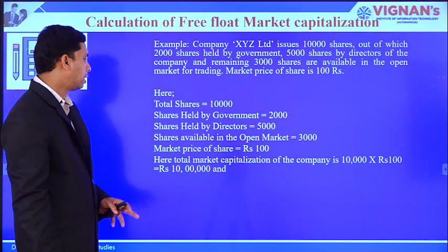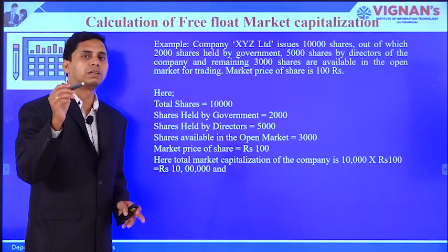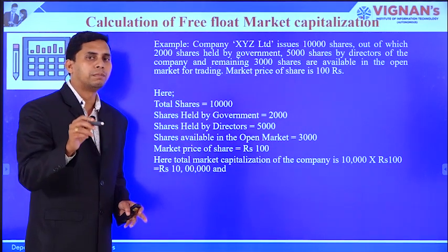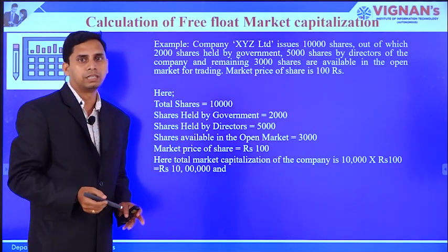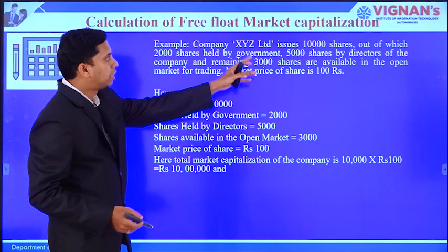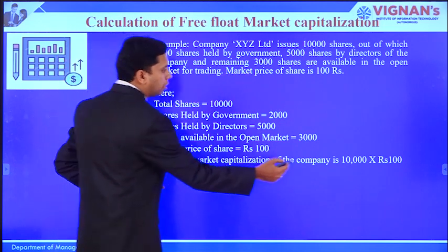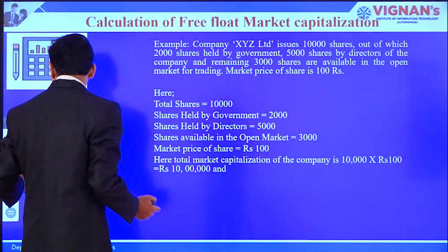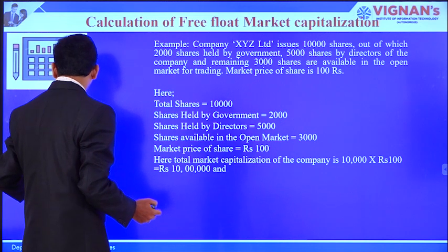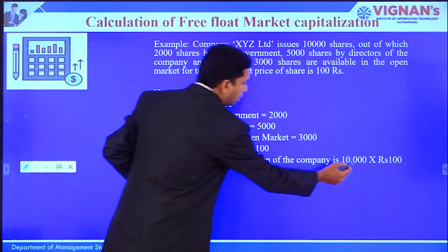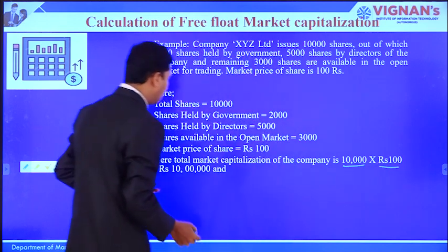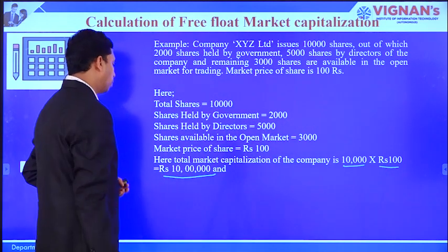Market capitalization is the total number of shares issued by the company multiplied by the market value of the share. Total shares are 10,000 and the market price is 100 rupees. That is why 10,000 multiplied by 100 is equal to 10 lakhs.